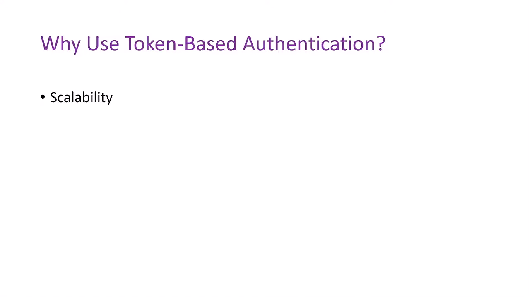Another reason is because in the token-based authentication, you can support multiple devices. In the cookie-based authentication, the cookies normally work on a single domain or subdomains, and they are normally disabled by the browser if they work cross-domain.